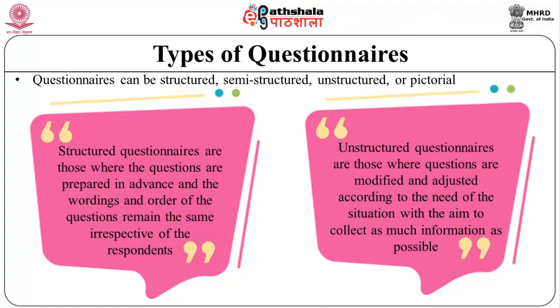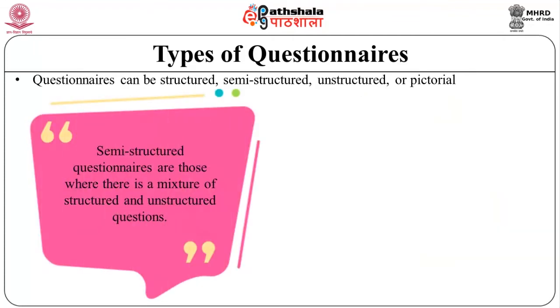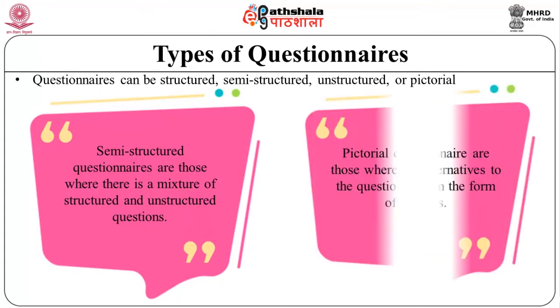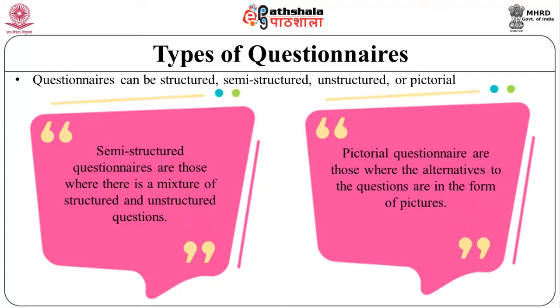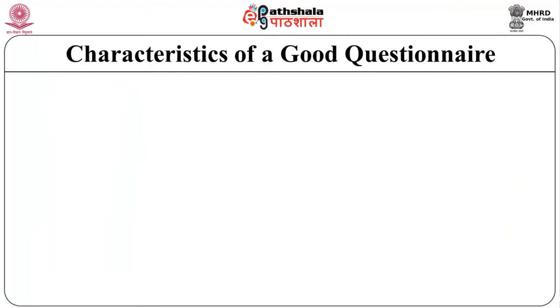Unstructured questionnaires are those where questions are modified and adjusted according to the need of the situation, with the aim to collect as much information as possible. Semi-structured questionnaires are those where there is a mixture of structured and unstructured questions. Pictorial questionnaires are those where the alternatives to the questions are in the form of pictures.